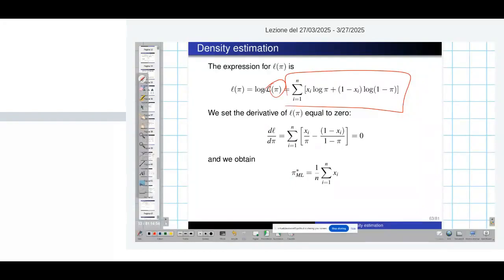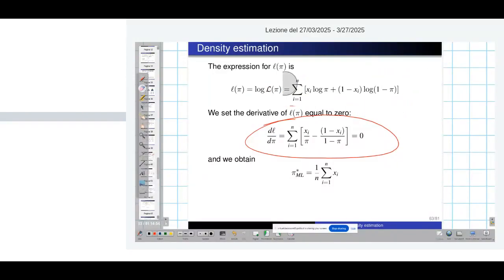So we try to solve it without the constraint. We see that this does not always work. For other problems, we will need to enforce the constraint, otherwise we will not get the correct solution. But in this case, we simply set derivatives equal to 0. We solve for pi, and we obtain this expression.